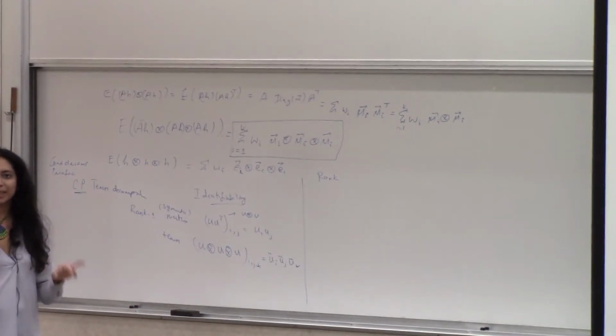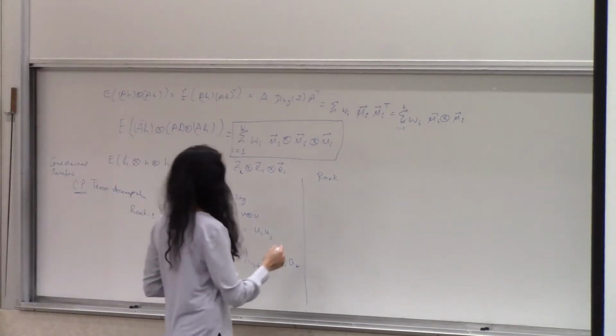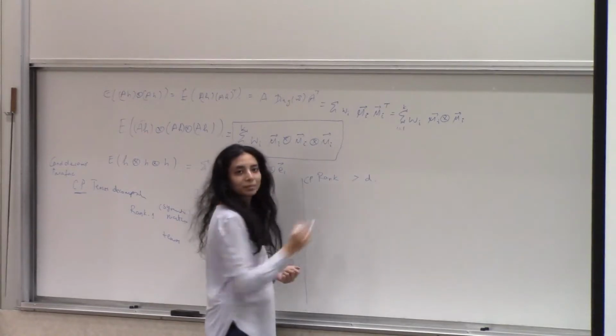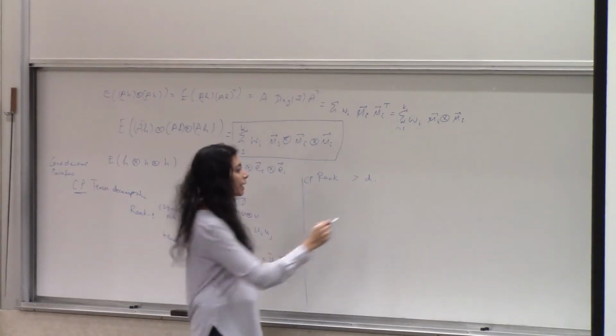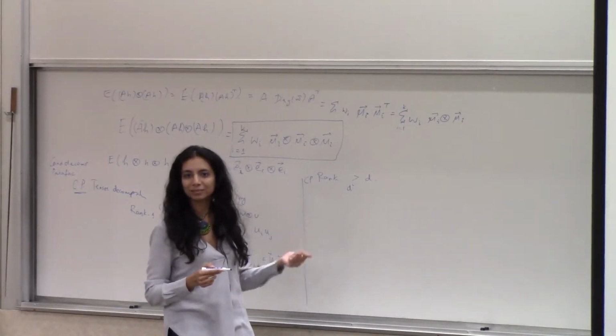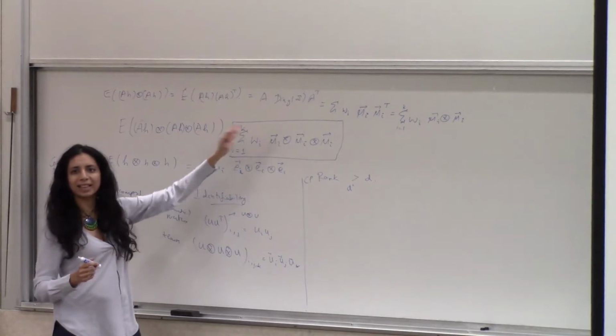In a D by D matrix? D, right? But for a tensor, the CP rank can be even larger than the dimension. In fact, it can be as large as D squared in a third order tensor, right? And that's from parameter counting, you can see that, right?